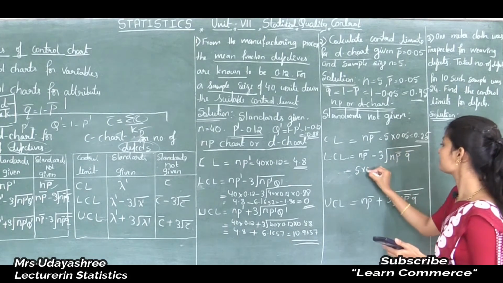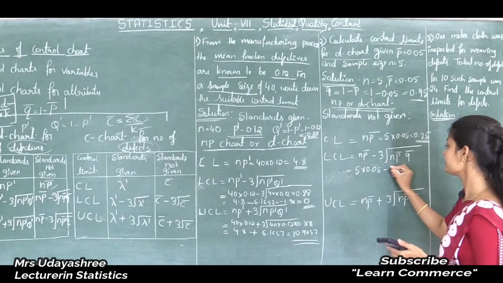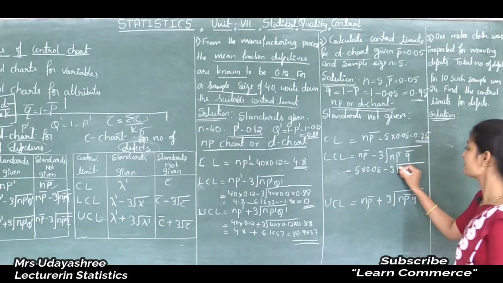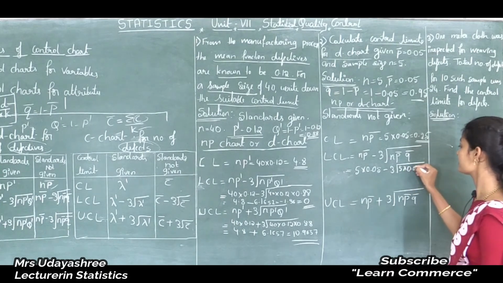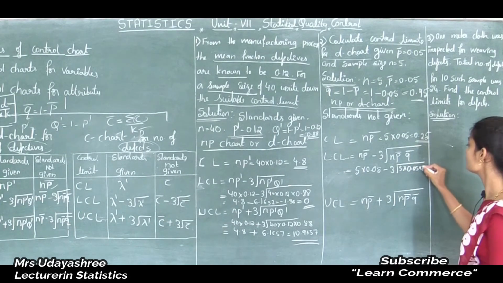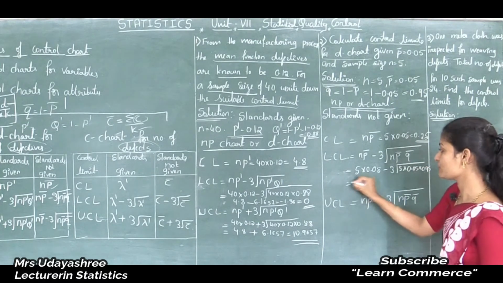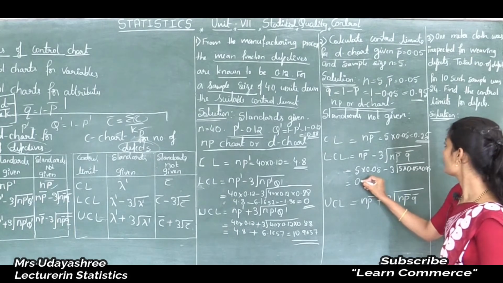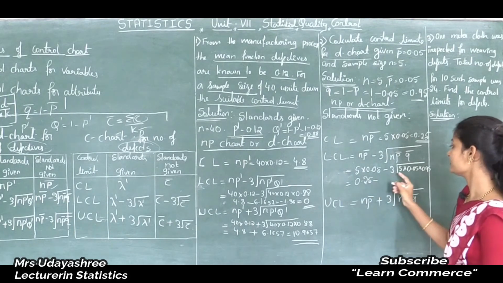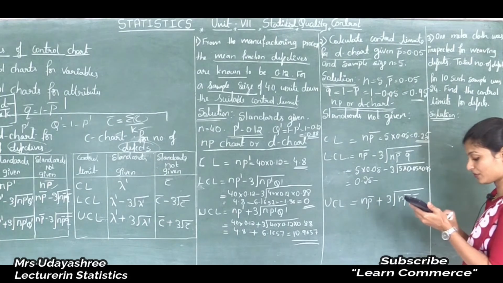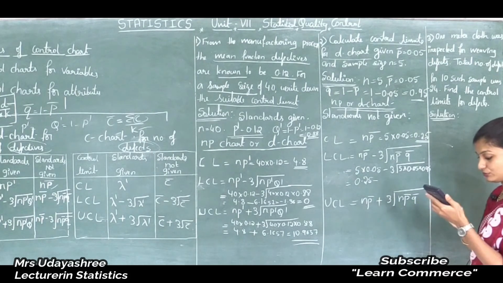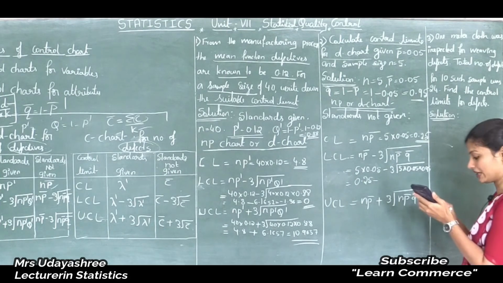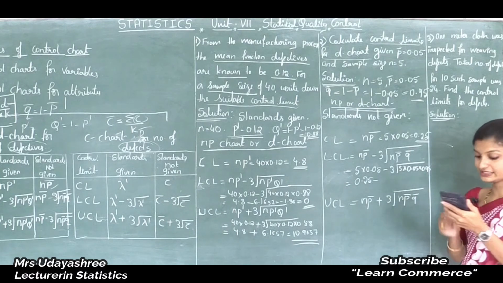And here n is 5, P bar is 0.05, minus 3 into square root of n into P bar into Q bar. N is 5, P bar is 0.05 and Q bar value is 0.95. This is equal to 5 into 0.05, that is 0.25, minus 3 into the square root of 5 into 0.05 into 0.95, that is 0.2375.